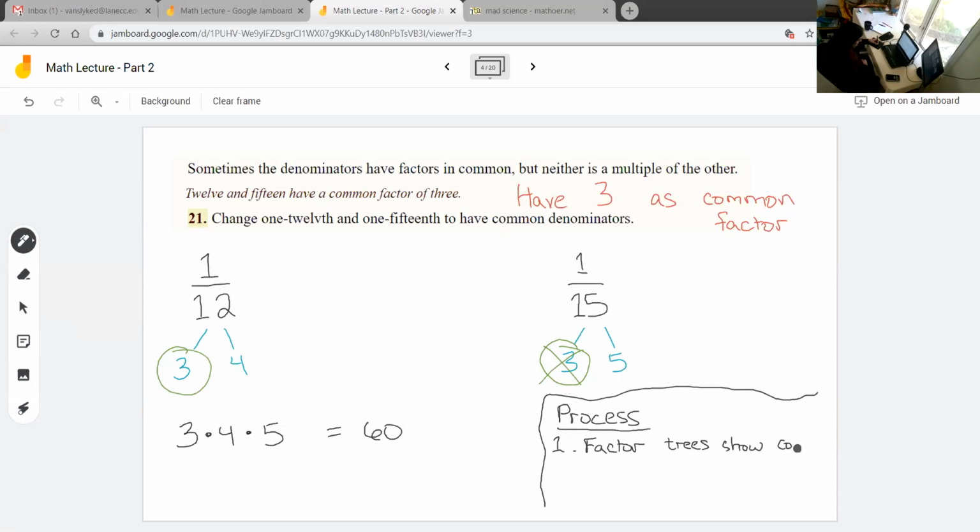Show common factors. 2, cross out second of pairs in common, and 3, multiply not crossed out.